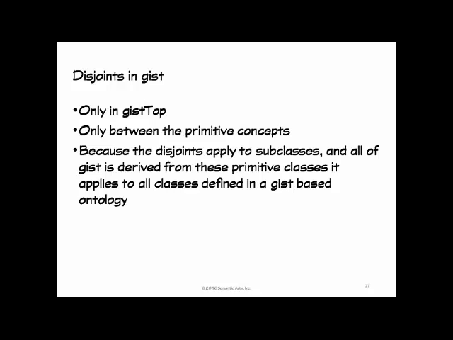We're really focusing on the primitive concepts because pretty much everything now is derived one way or another from just a little bit more than a dozen primitive concepts. And once you know how they either can or cannot overlap, then all the rest of your ontology is pretty much safe.